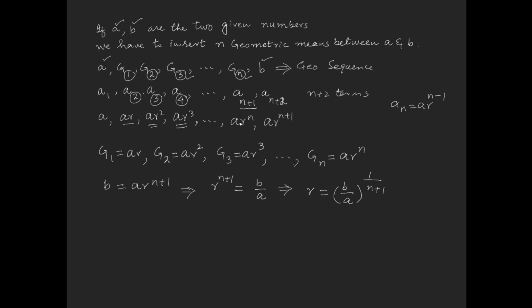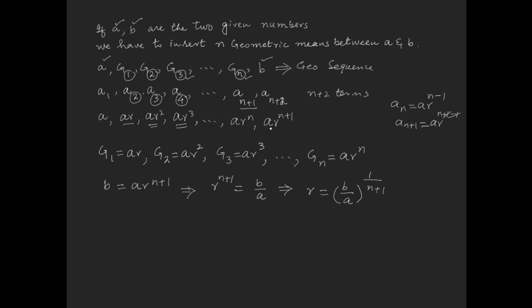And what is A n plus 1? If we write A n plus 1, put n plus 1 in place of n and minus 1. So we are getting AR to the power n. So this is the A n plus 1 term.